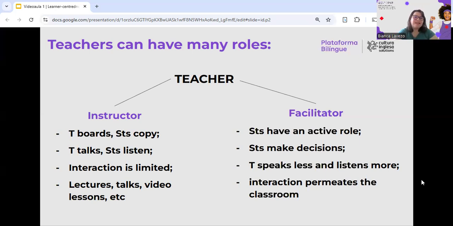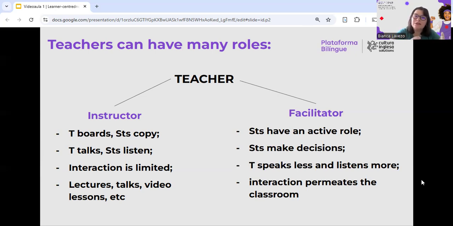So what happens is that student-centered teaching shifts the focus from the teacher delivering knowledge. Because if you think of the instructor, the teacher is the primary source of knowledge, right? But the student-centered classroom shifts this idea.